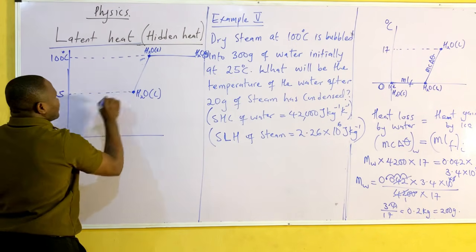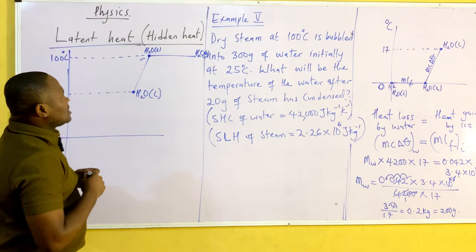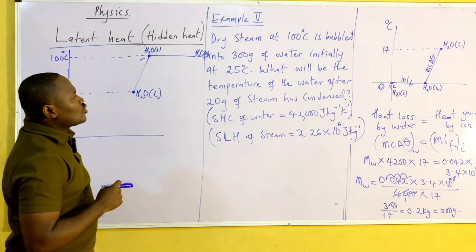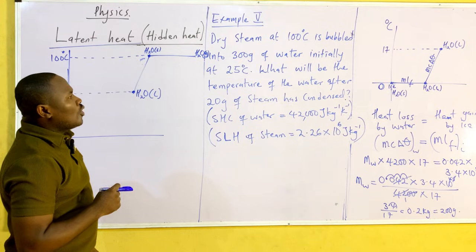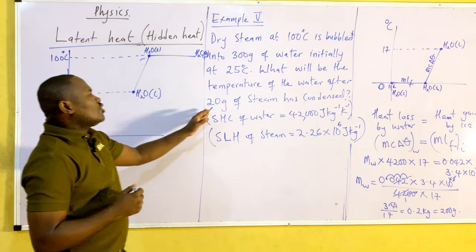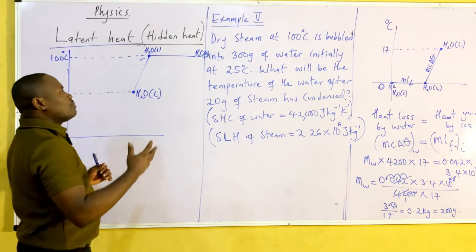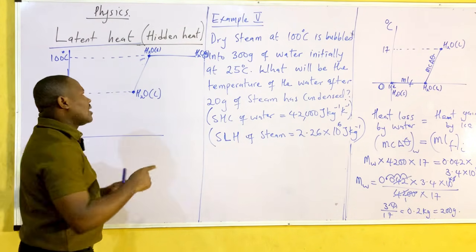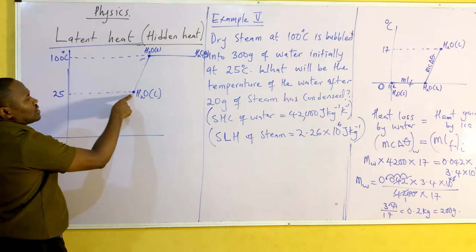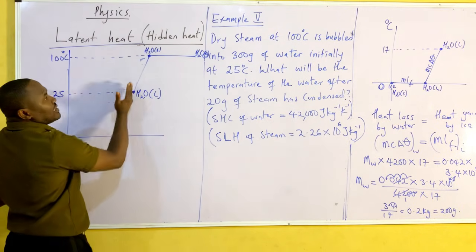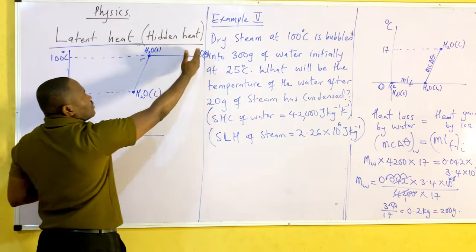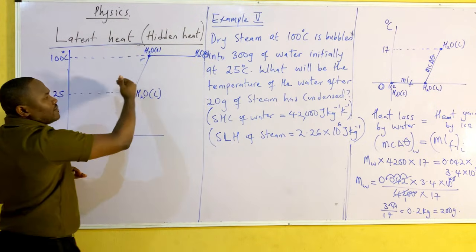Now, what will be the temperature of the water after 20 grams of steam has condensed? When we put steam into water, the temperature of the water at 25 will definitely rise, while the temperature of the steam will definitely fall.